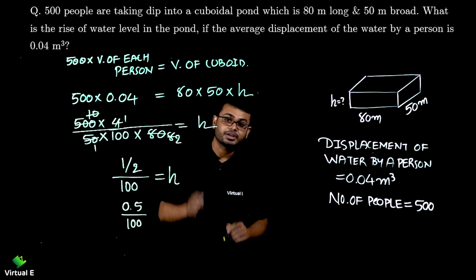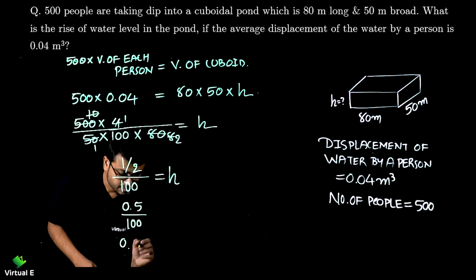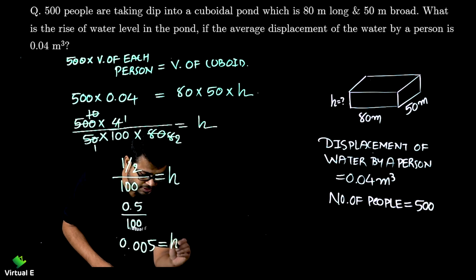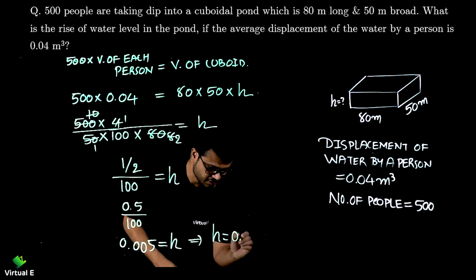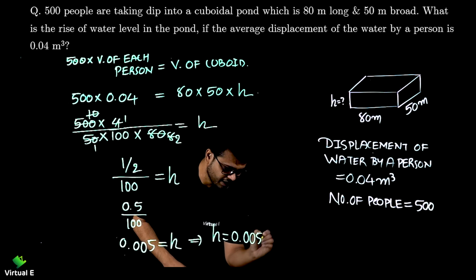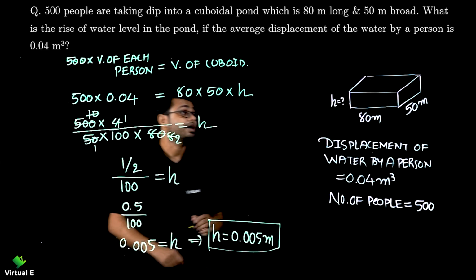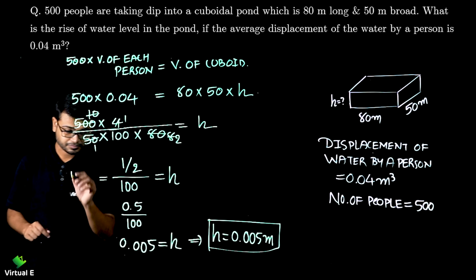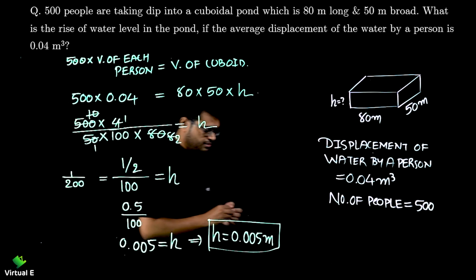Convert this into further decimals, so that will be 0.005 is equal to H. So the final answer of H is 0.005 meter. That's my final rise of water in the cuboidal tank. Here you can do it like that as well: 1 upon 200. That is also the correct answer.